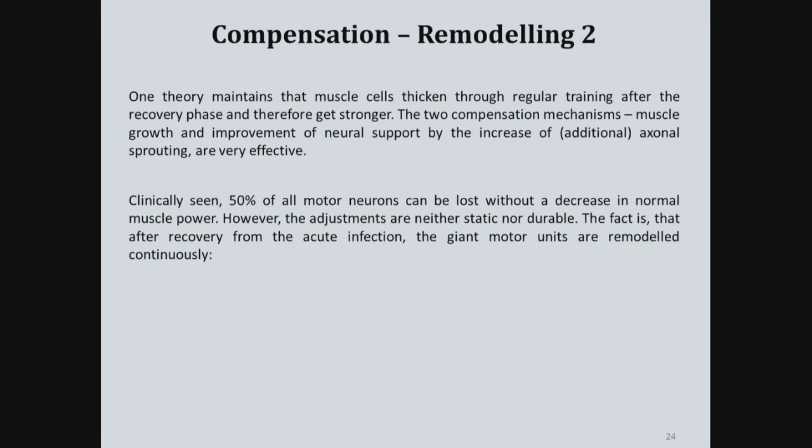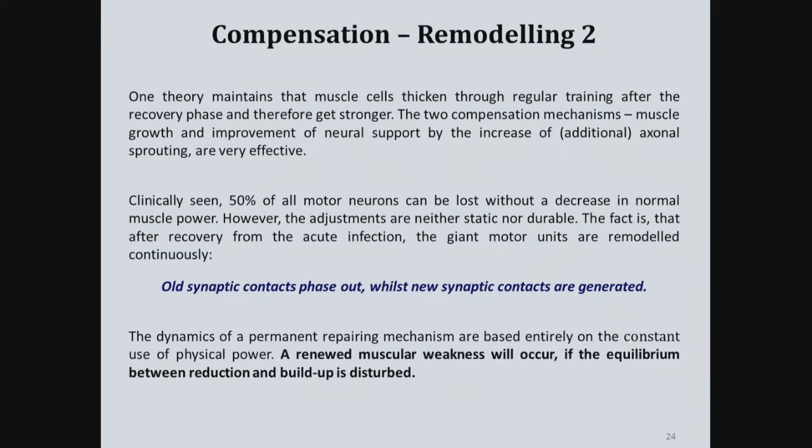The fact is that after recovery from the acute infection, the giant motor units are remodeled continuously. Old synaptic contacts phase out, whilst new synaptic contacts are generated. The dynamics of a permanent repairing mechanism are based entirely on the constant use of physical power. A renewed muscular weakness will occur if the equilibrium between reduction and build-up is disturbed.